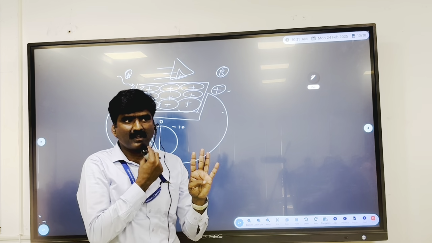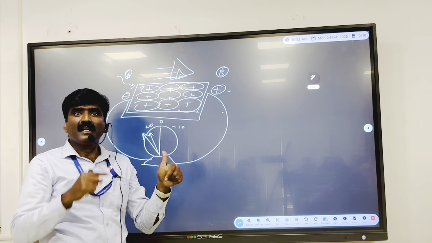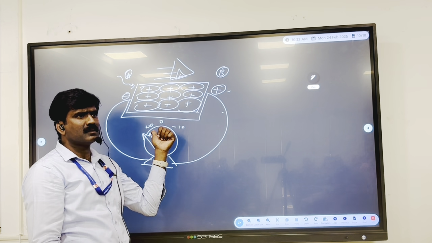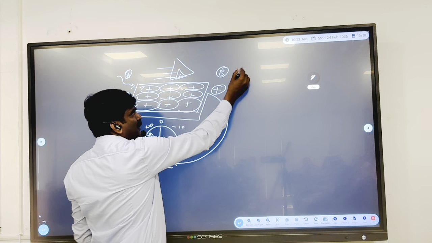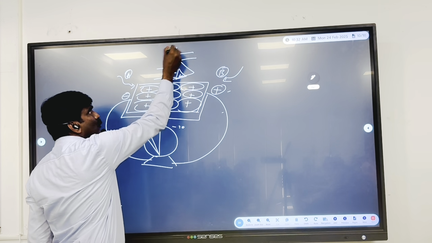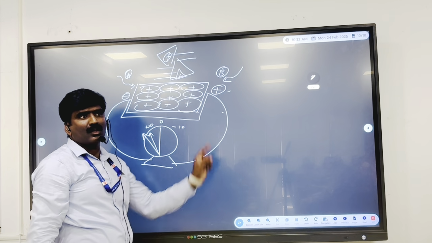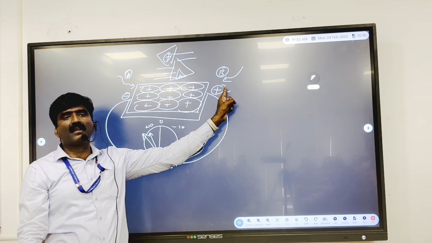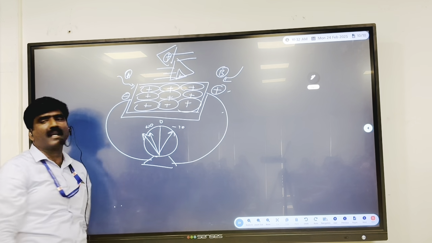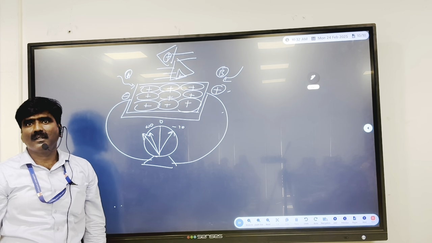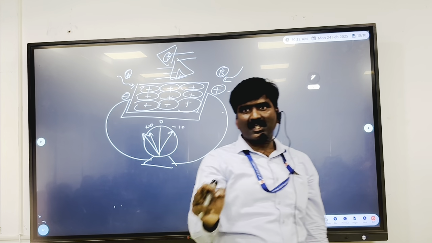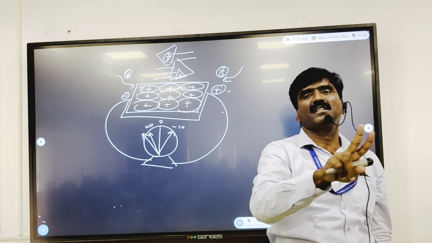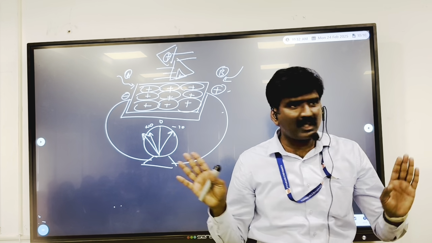The fifth principle we discussed: instead of stimulating on the A side, if you stimulate on the B side, the positive vector will move in the opposite direction. When the positive vector is moving away from the positive electrode, deflection will be negative. Positive moving towards positive, deflection is positive. Are you clear till now?